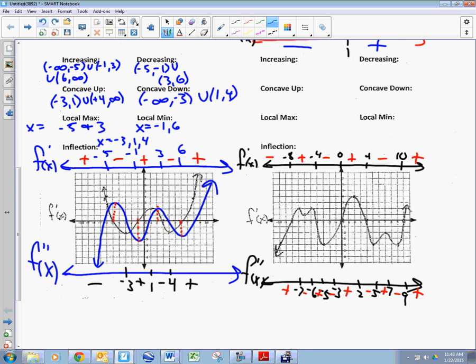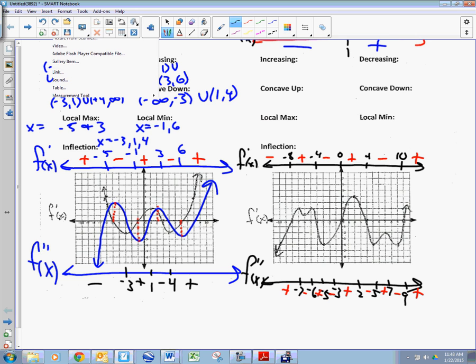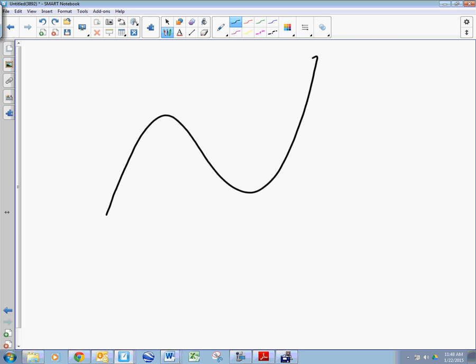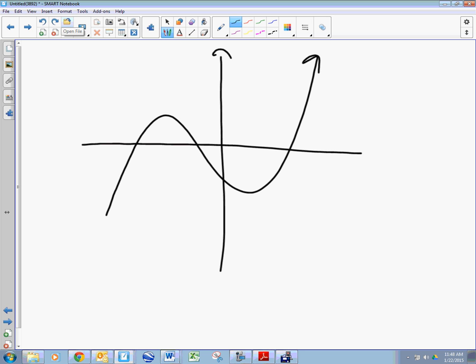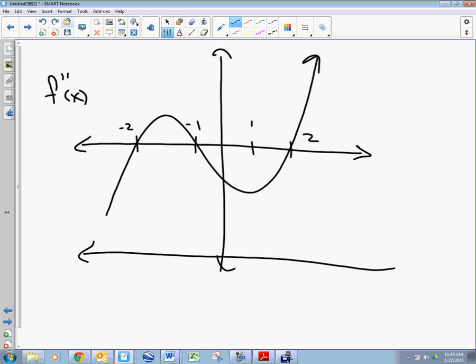So Bo's question is in regard to, if I can quickly make a little drawing here. Suppose I have, say, -2, 1, 1, 2. If this is f double prime of x, we just deduce our number line.